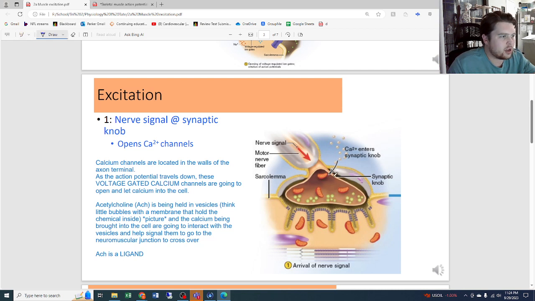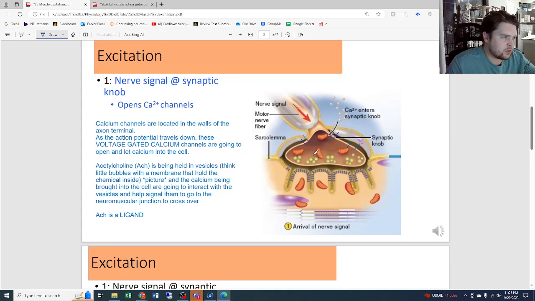So all through here on the sides like this, you have these voltage-gated calcium channels. As the signal comes down, remember where that action potential is changing, as we're depolarizing, we're going more and more positive, and as we get more positive, these calcium channels open and calcium rushes into the neuron cell.